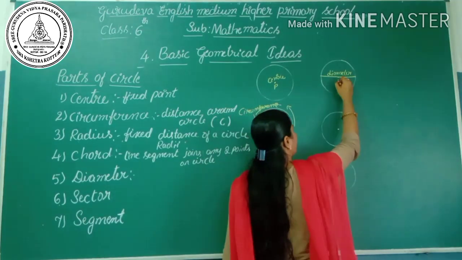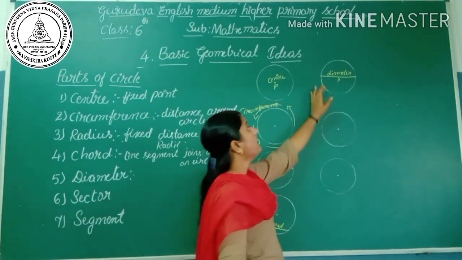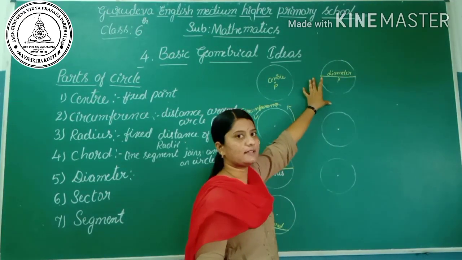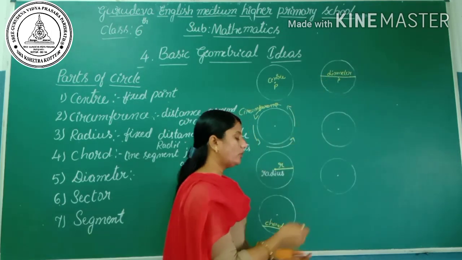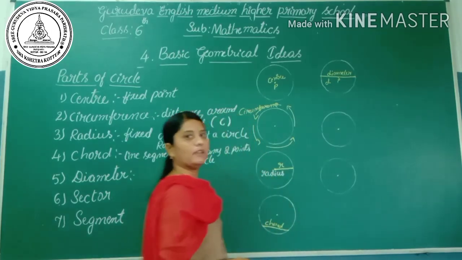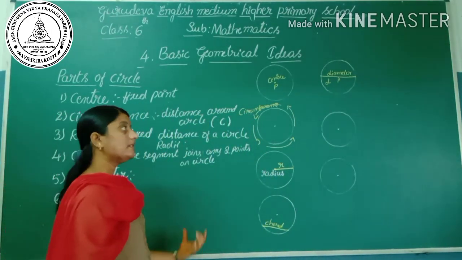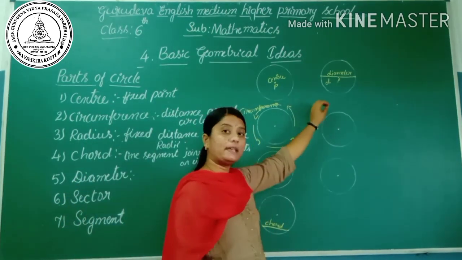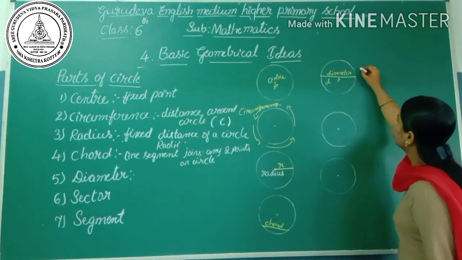So here there is a point P. If the chord passes through the center of a circle, then the chord is called a diameter, right? It is denoted by the small letter d, and also we can say that the diameter is the biggest chord.